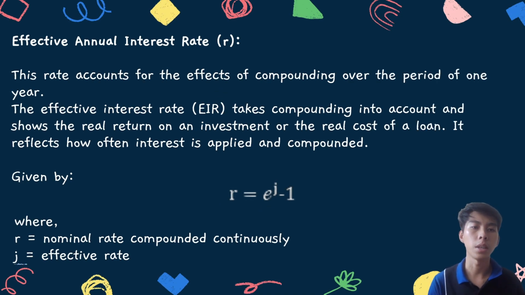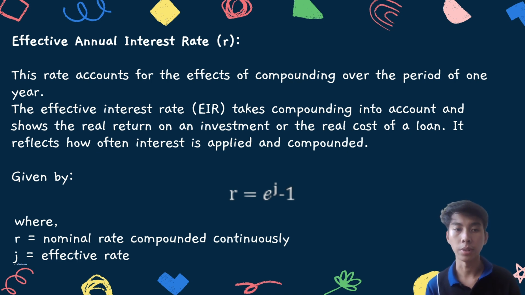This rate accounts for the effect of compounding over the period of 1 year. The effective interest rate takes compounding into account and shows the real return on an investment or the real cost of a loan. It reflects how often interest is applied and compounded.